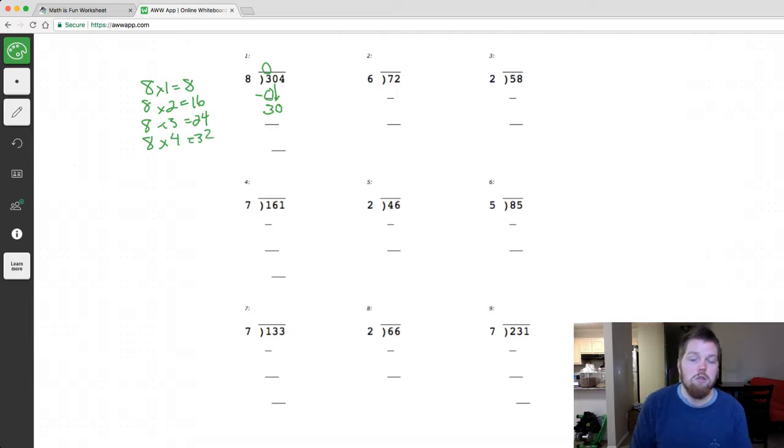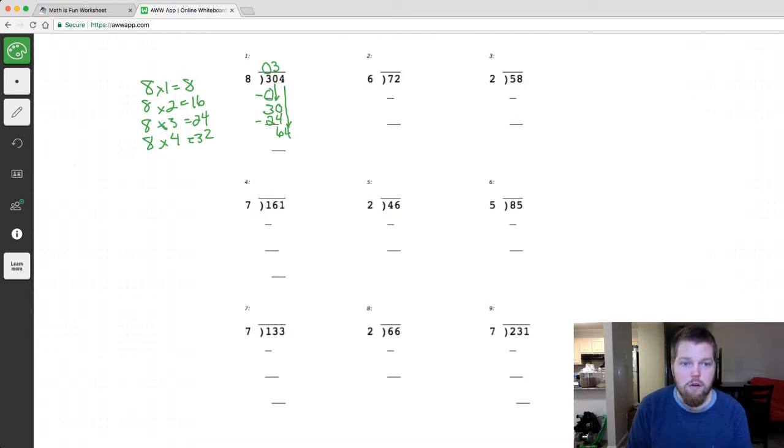So we need the closest one without going over, which is going to be 8 times 3. So we're going to put our 3 over this 0, and then 3 times 8 is 24, and then we will subtract, and 30 minus 24 is 6, and then we're going to bring down our next place value down to here.